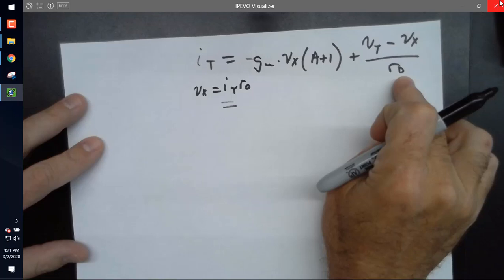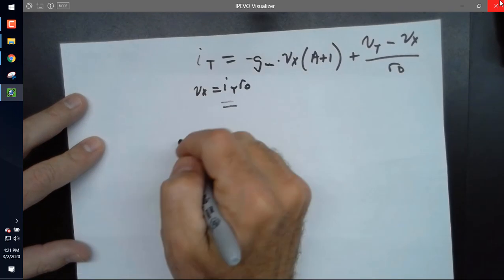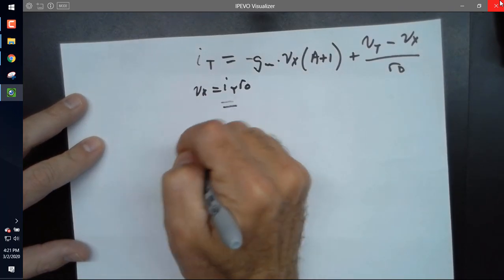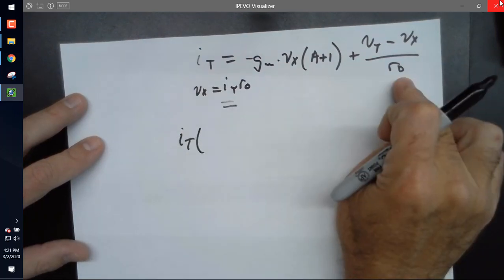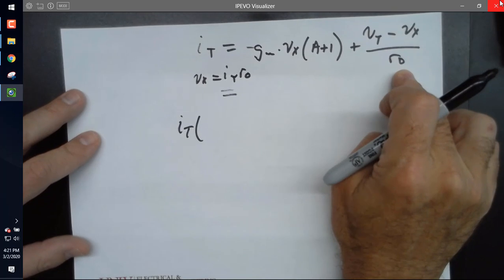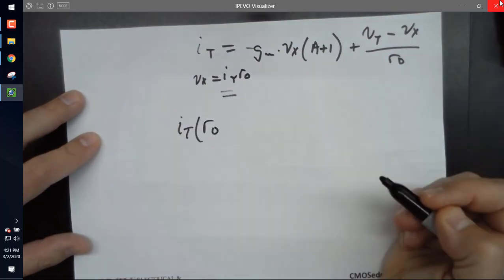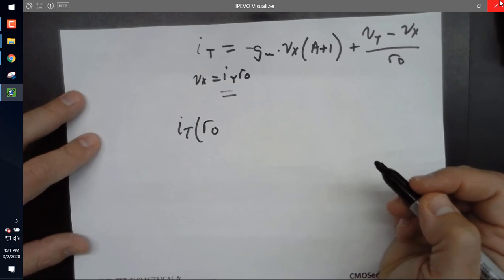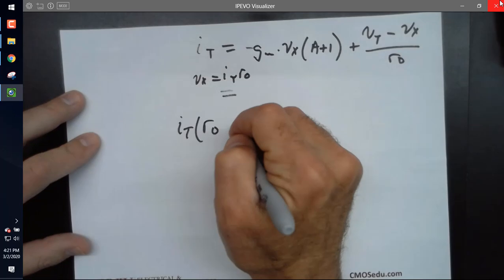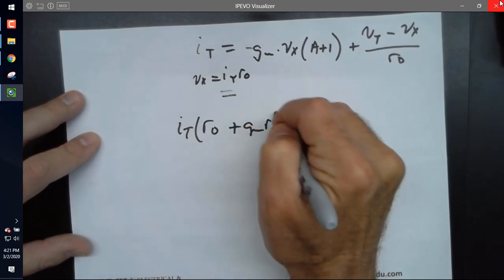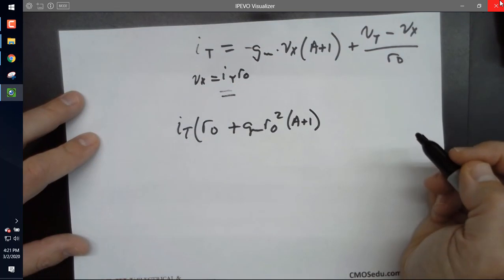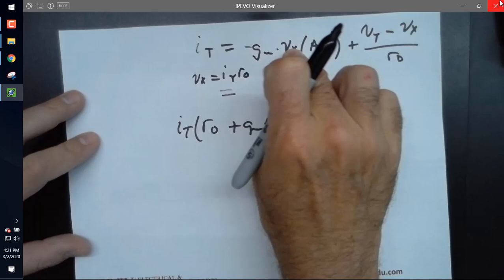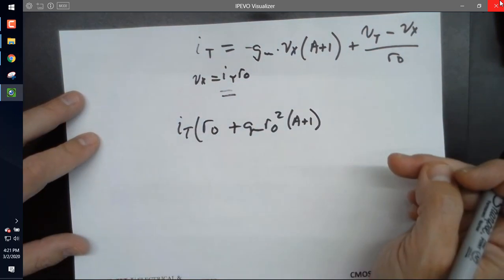So if I do that, what I'm going to end up getting is IT times, I'm going to multiply through, let's see if I do too much algebra in my head and you hate me. Okay, this will be R out, plus GM R out squared times A plus 1. Because the R out times the R out, and then the IT over.